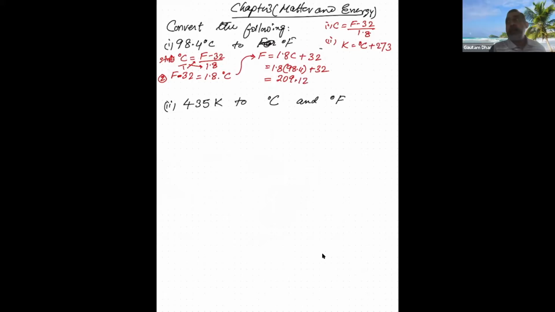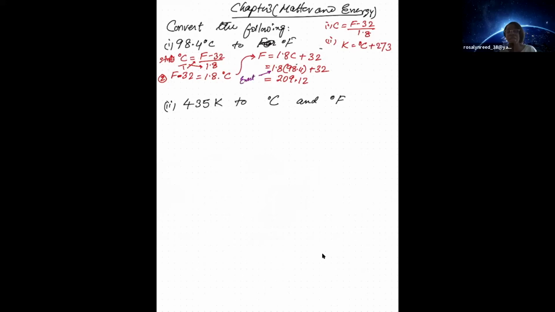Now, how many decimal points should I take? 1.8 is exact. I put 98, and this is one decimal place.